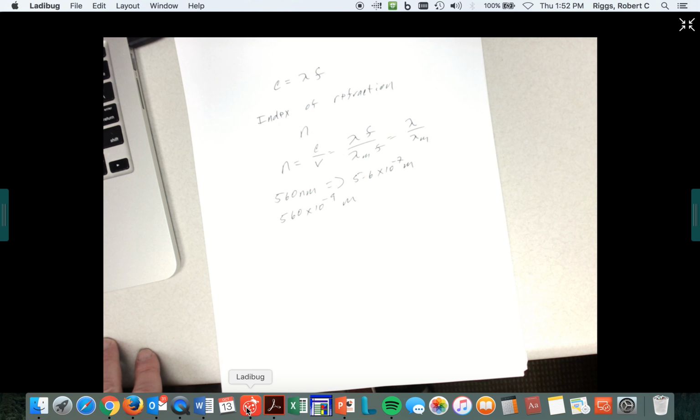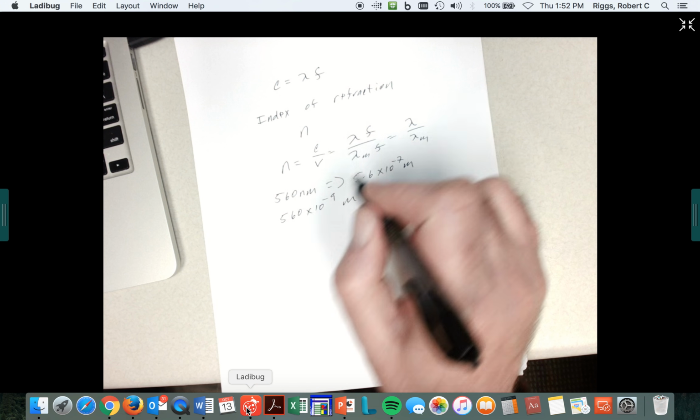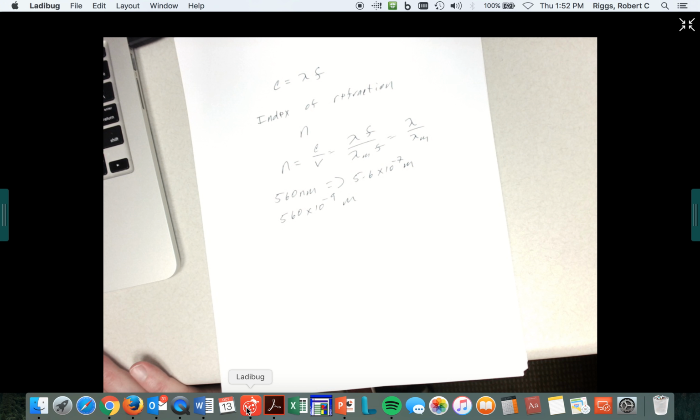For the most part, if you're taking a ratio of the two, you can just leave it as 560. But when we actually have to find the frequency, or find the wavelength of something, then we need to convert it to meters. So this is the end of track one.